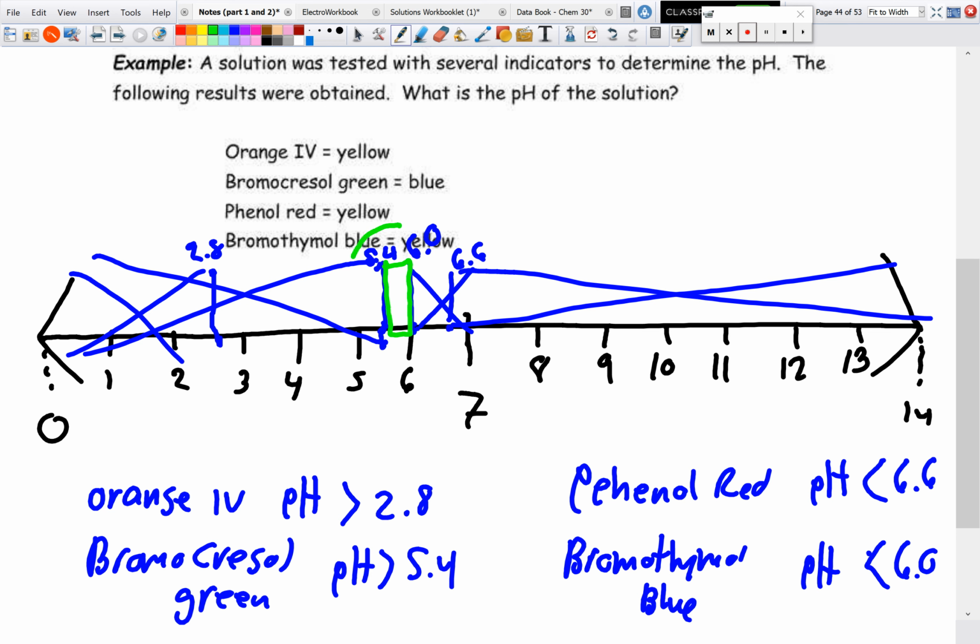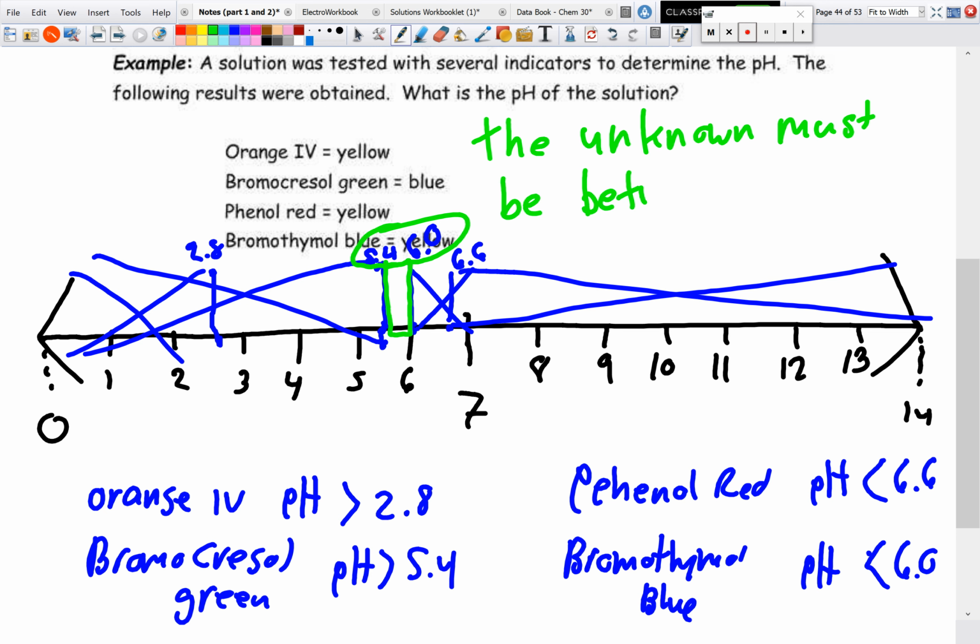And our pH range is here. So the unknown must be between a pH of 5.4 and 6.0 based on the information that's there.